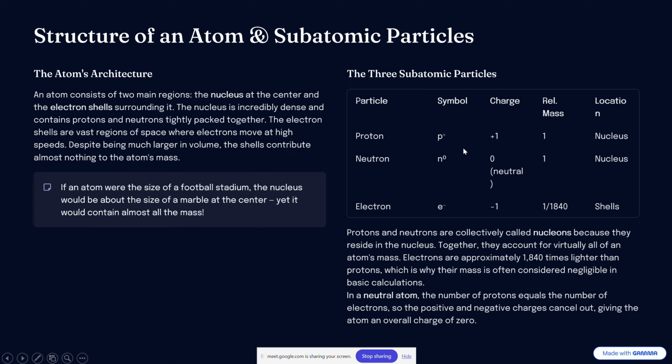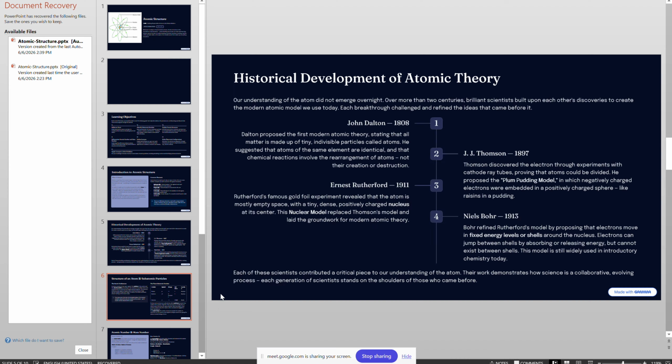So you have the proton. The symbol is p+, and the charge is +1. Relative mass is just like, let's say, the mass of the proton itself relative to the mass of another proton. Let's put it that way. So that's 1. Location: inside the nucleus.